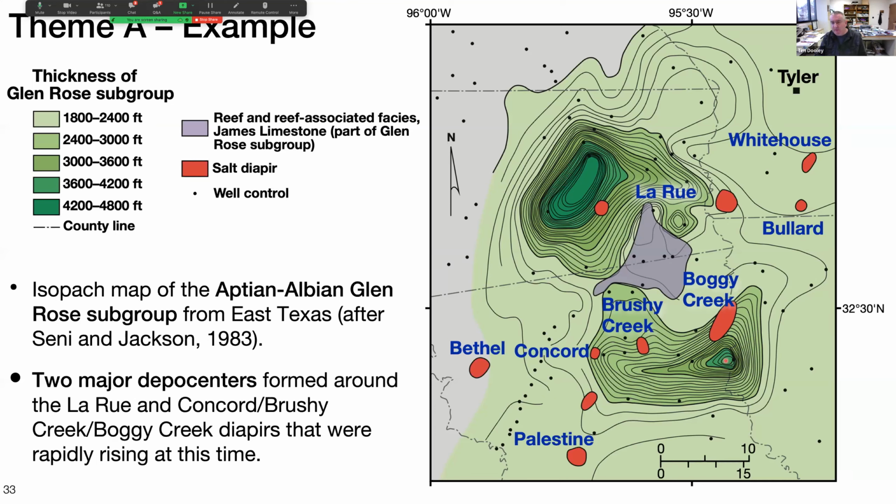You can see that it is extremely thick here and over here, because especially the Boggy Creek and the La Rue systems were extremely active at this time, growing upwards, taking salt out of this source layer, and creating an awful lot of accommodation space.